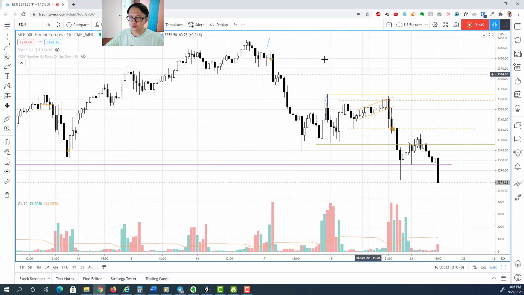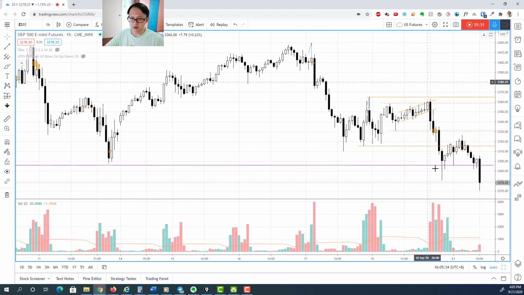Okay, so this is the last session on Friday. Prior to the US opening at about 9:30 p.m. in my time zone, which is this bar here, we have a very weak rally up. That's the previous session, the non-RTH, and this rally is relatively weak.